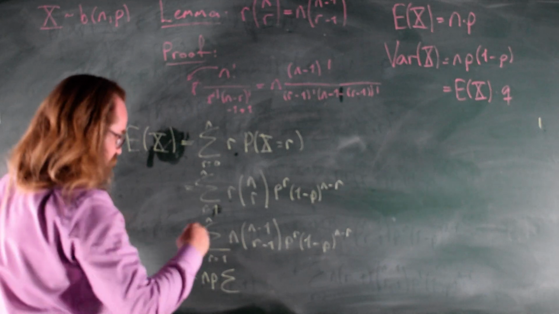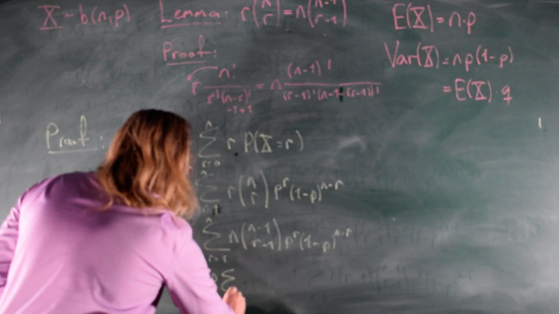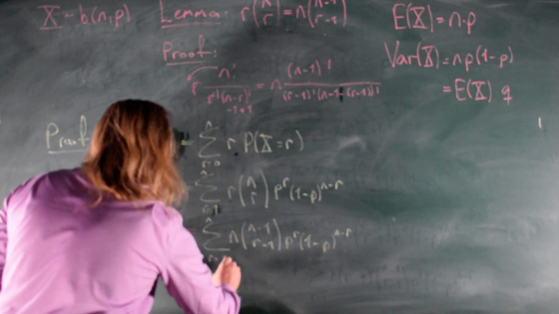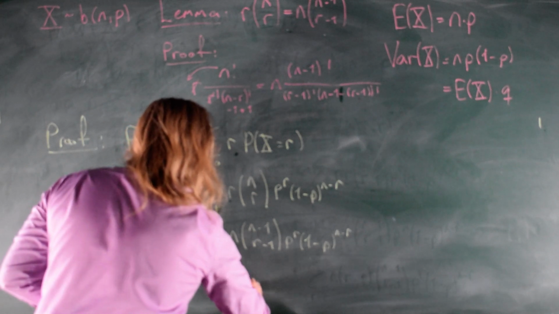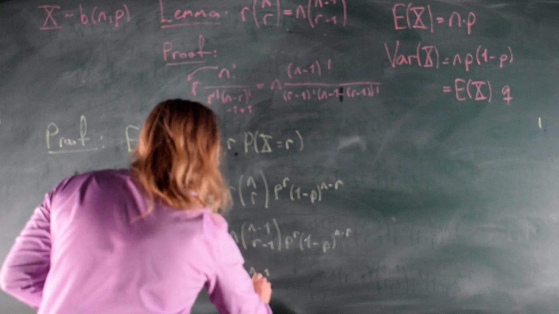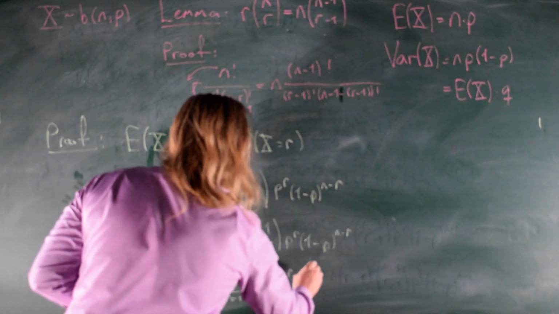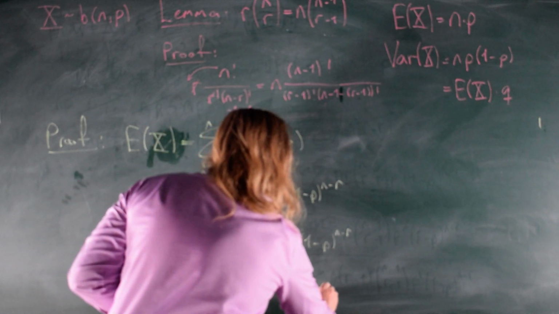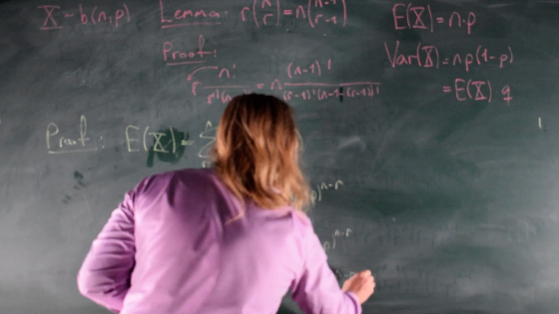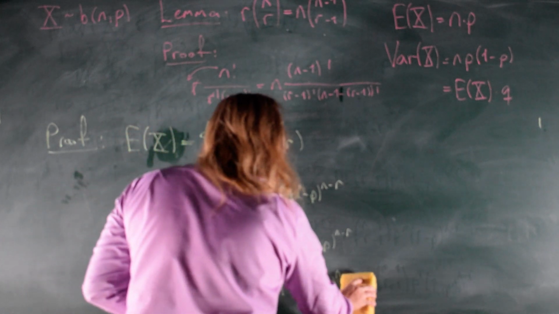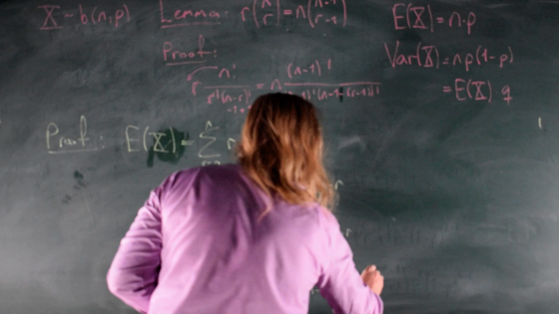So I'll factor it out. Alright, so I'll have the sum for r equal to 1 to n, and then I'll have the binomial coefficient of n minus 1 and r minus 1, p to the power of r minus 1, 1 minus p to the power of n minus r. But I'll do the same trick I just did previously. I'll subtract a 1 and I'll add a 1.